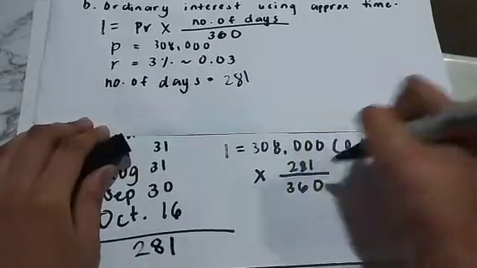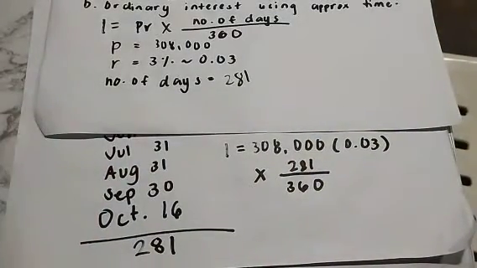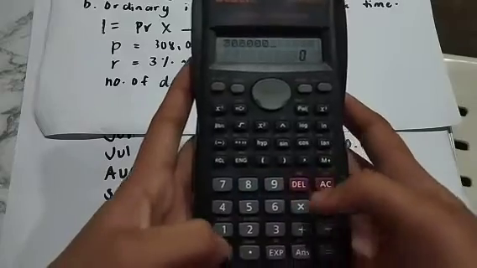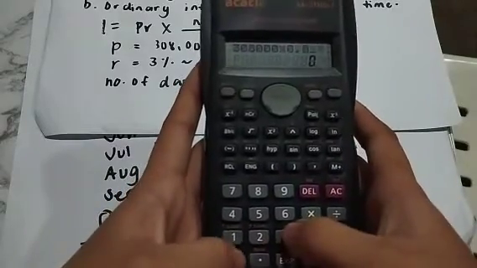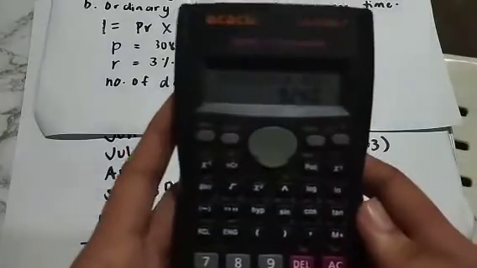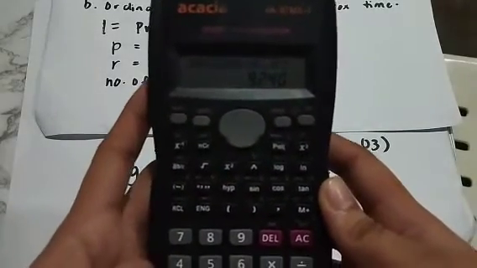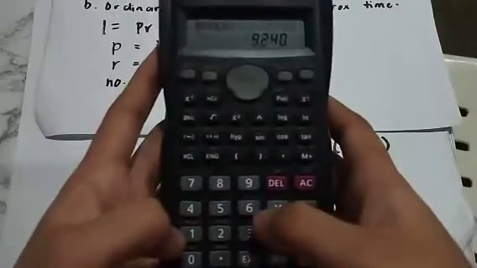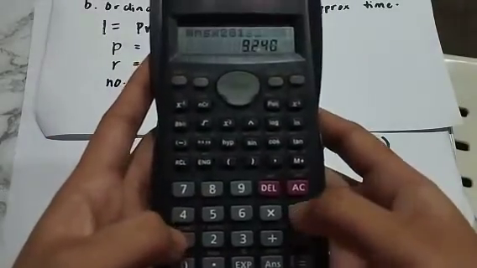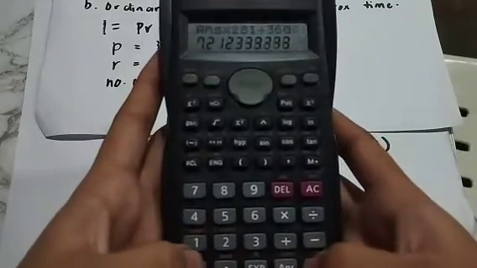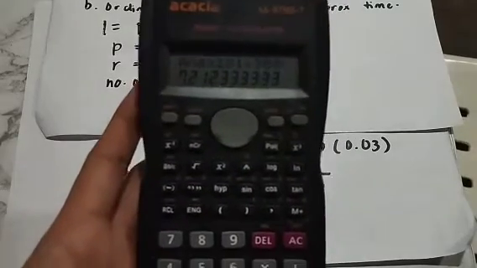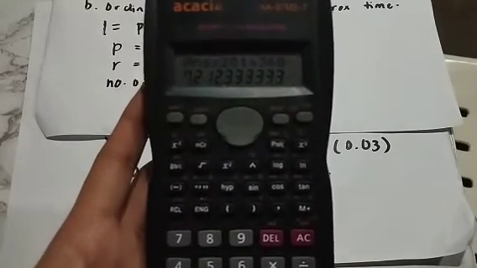So, 360 na. Same process. Unahin ang 308,000 times 0.03. The answer is 9,240 times 281 over 360. So the answer is 7,212.33.